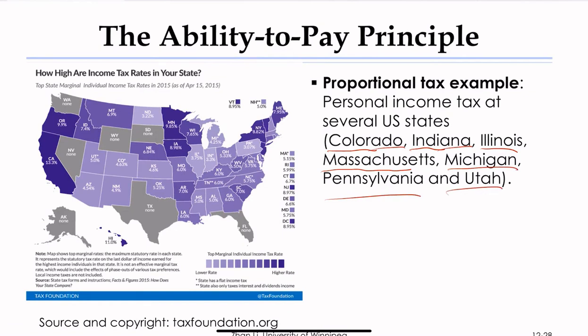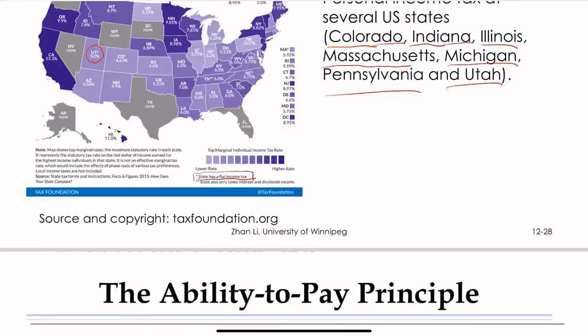These states have a flat income tax. For example, if you look at Utah, it's 5%. It means that no matter what your income level is, for state income tax you always pay 5%. So this is a proportional tax system.